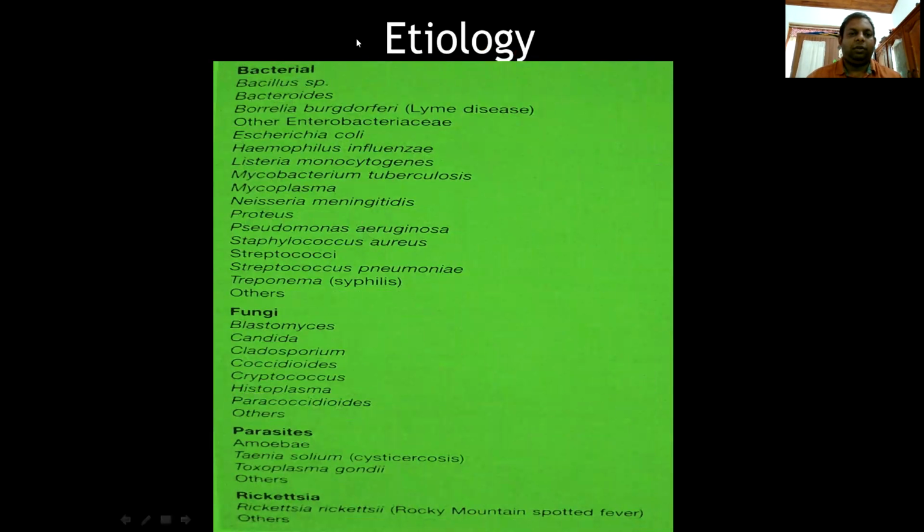Etiology: bacterial meningitis. Anaerobes, fungi, and parasites are there, but the common ones are Streptococcus. It depends on the age, which is the other important thing.